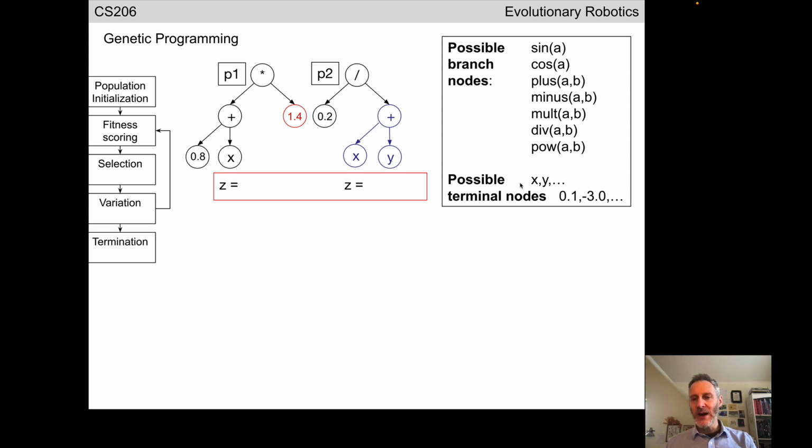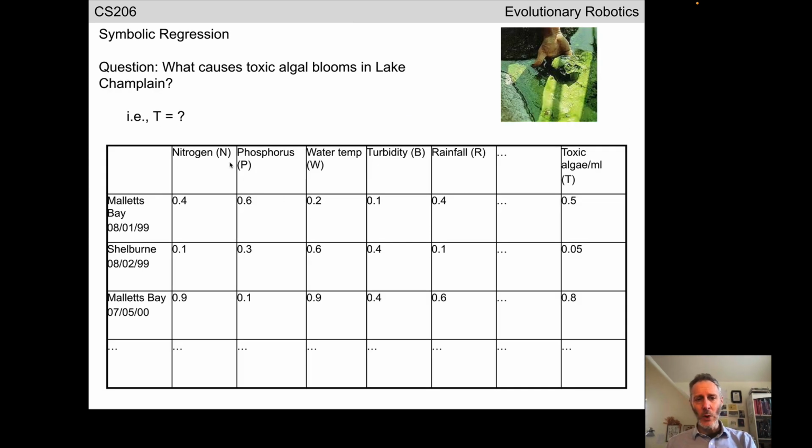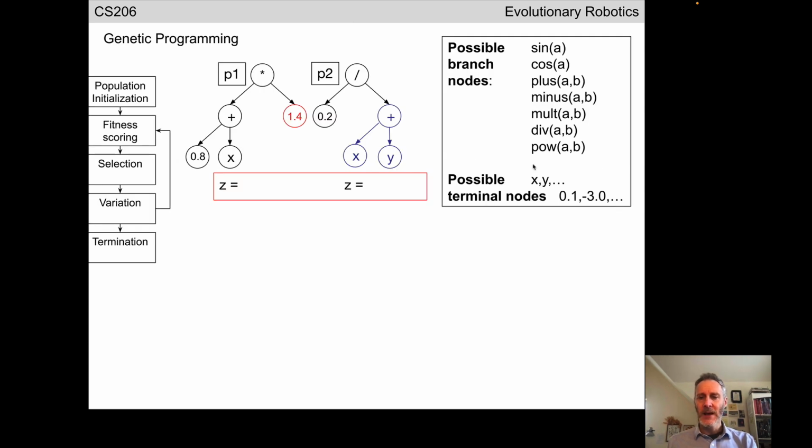And we also define all the state variables, the things that we can actually measure about our problem, X, Y, Z, excuse me, or N, P, W, B, R, and so on. And we also throw in some random floating point values that can be incorporated into our equation.